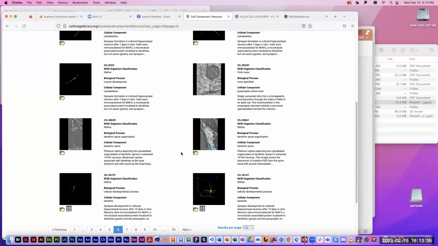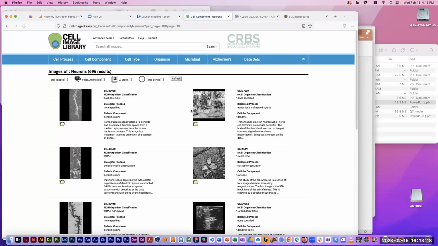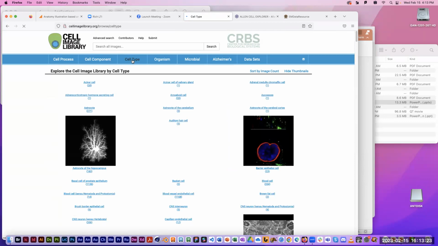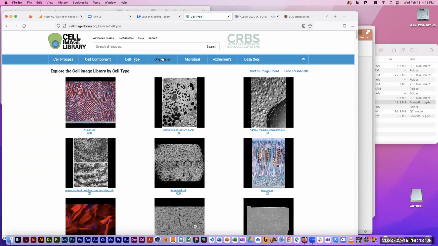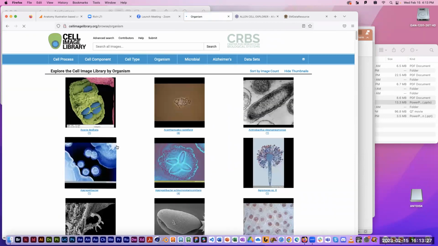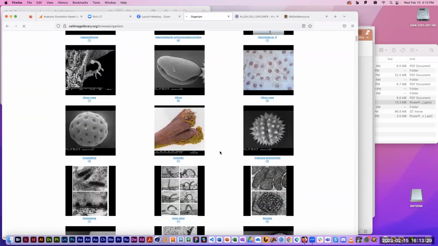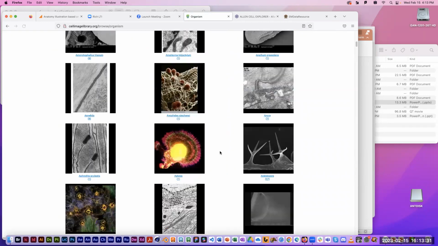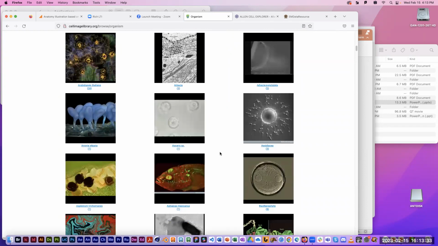There's some fluorescence images of neurons. You can look up by cell type. You can narrow it down by organism if you want to look at just humans, or Drosophila, the fruit fly, or something like that.